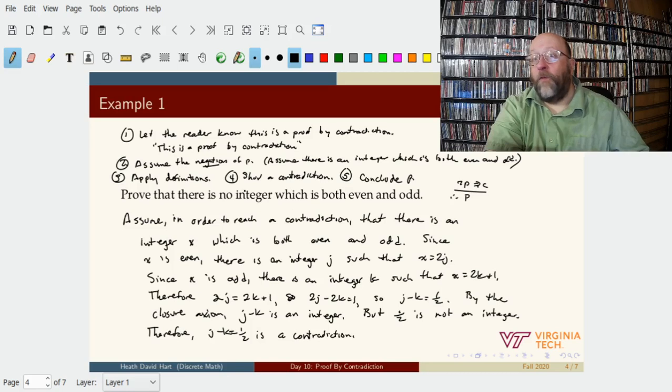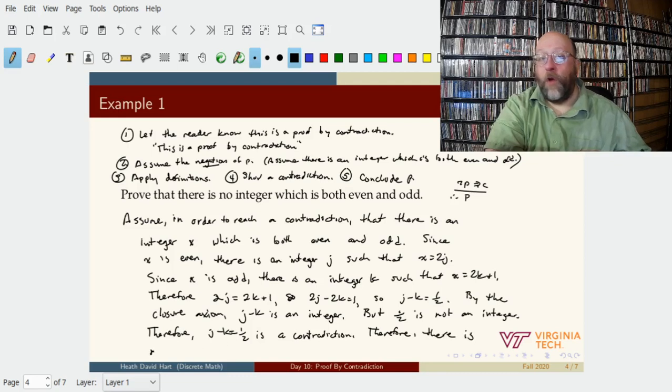And so we can conclude that there is no integer which is both even and odd. Therefore, there is no integer which is both even and odd.